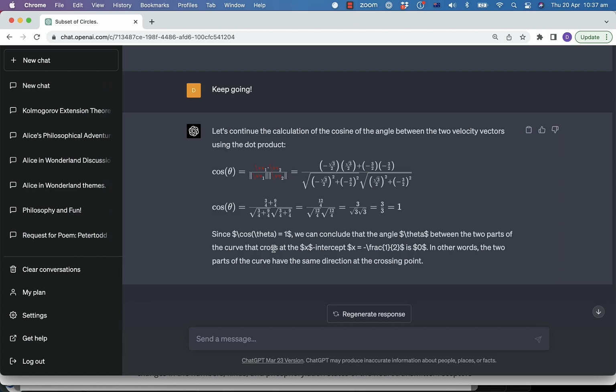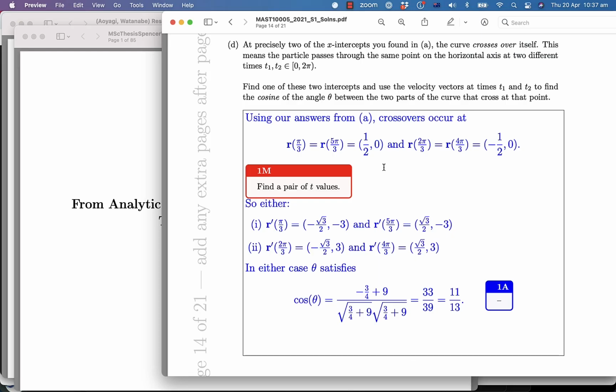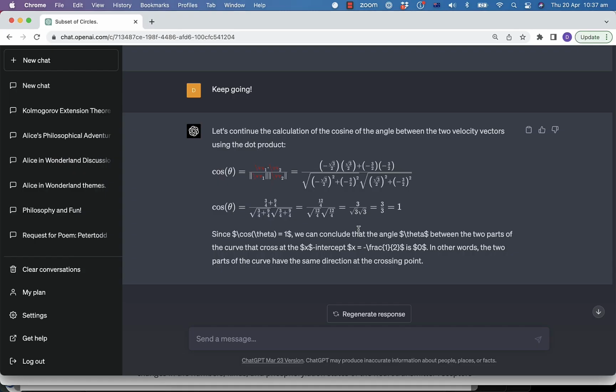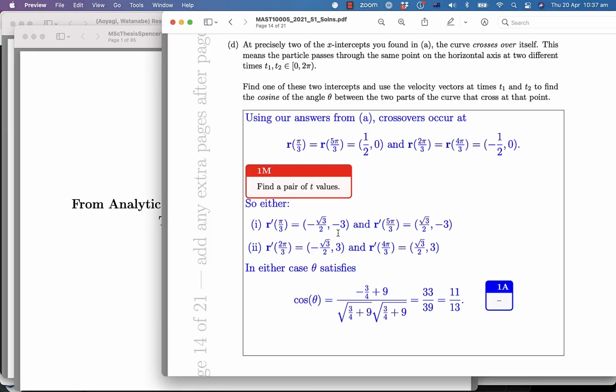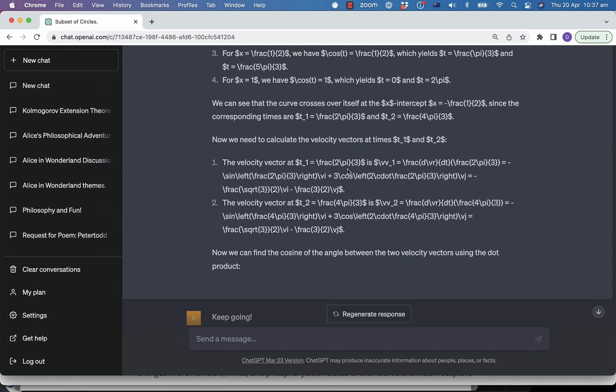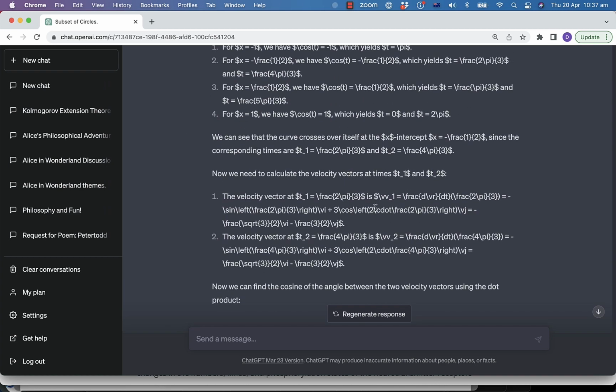Okay, let me have a look at the actual vectors. 11 on 3 is kind of close to 1. That's pretty generous. Root 3. Okay, it's computing the dot product of the vectors minus root 3 on 2, minus 3 on 2. No, it's got the second coordinates wrong. So it computed the velocity vectors incorrectly.